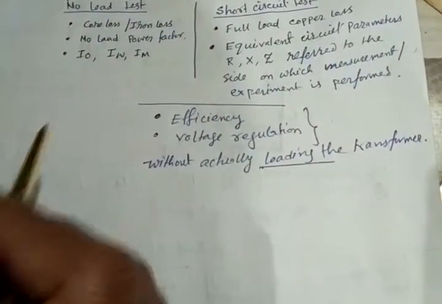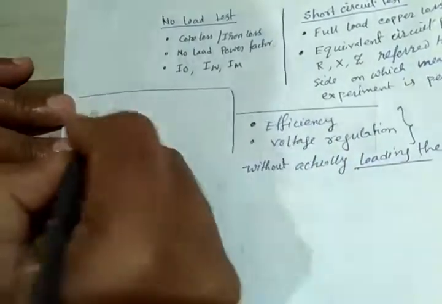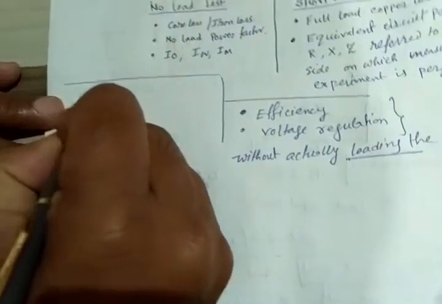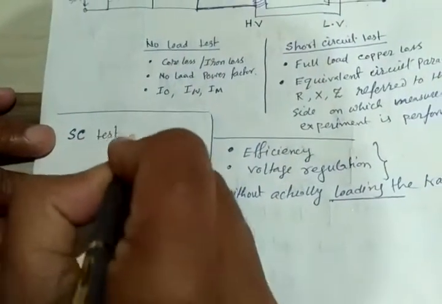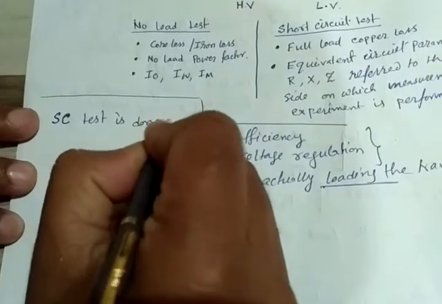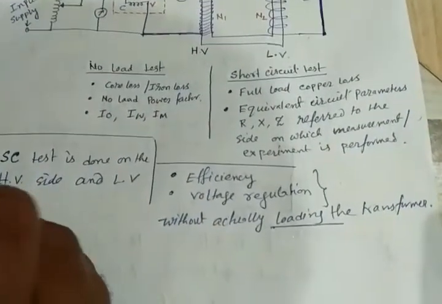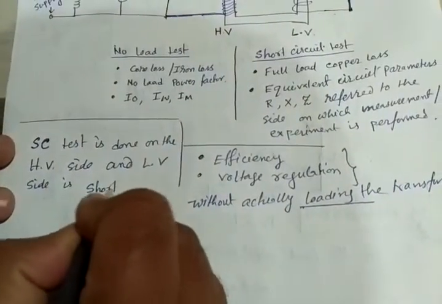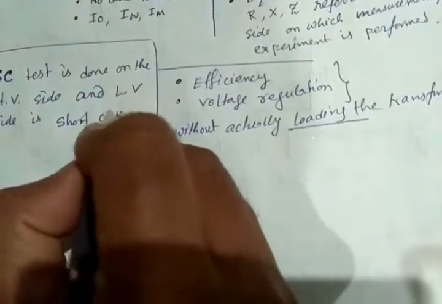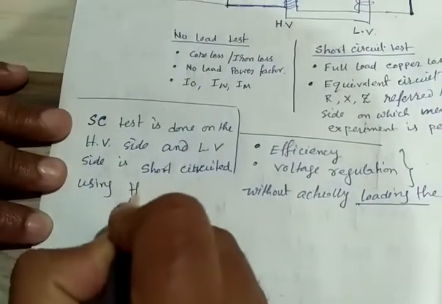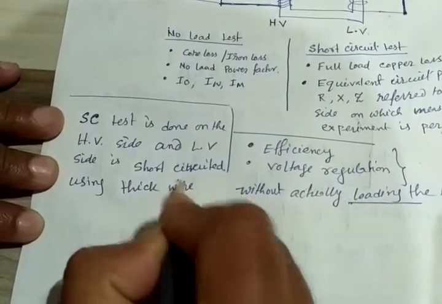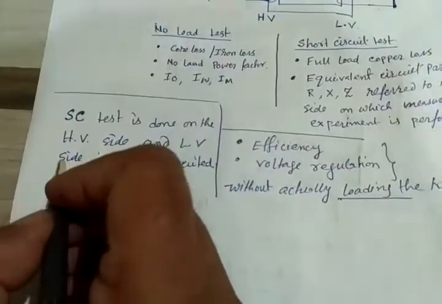So let's see now what happens in the short circuit test, the SC test. The very first important point is that this test is done on the high voltage side, and the low voltage side is short circuited using thick conducting wire, because a high amount of current will flow, so we need thick wire.